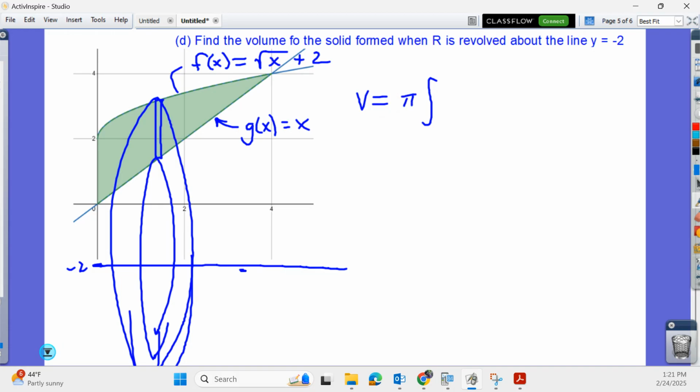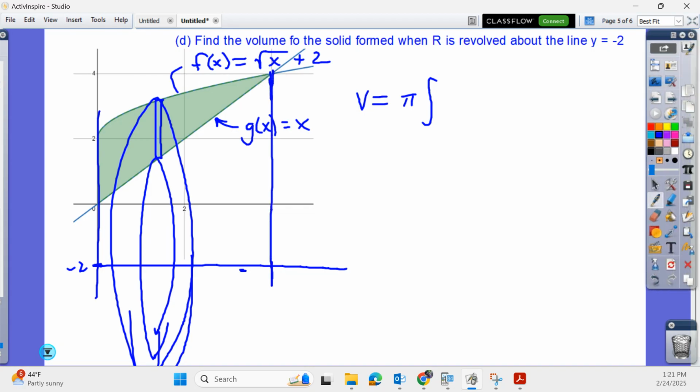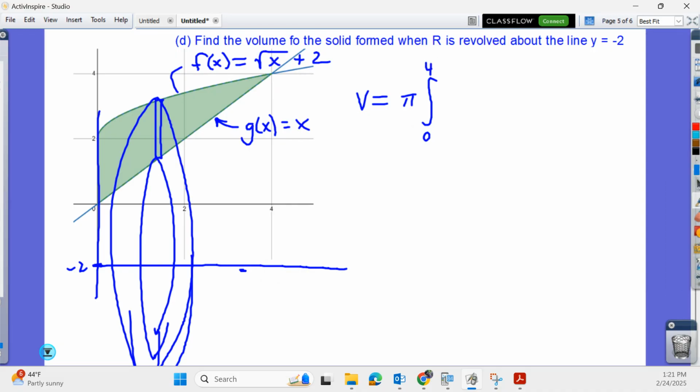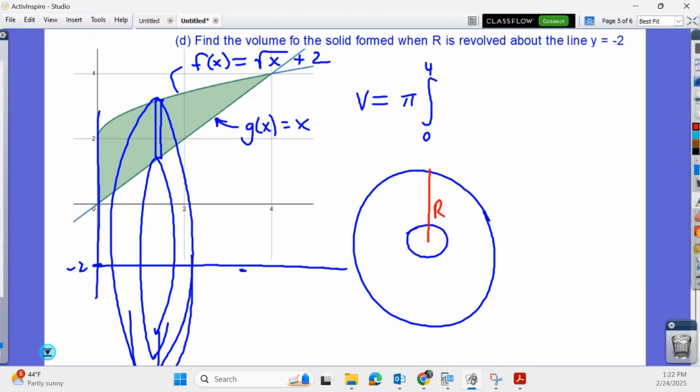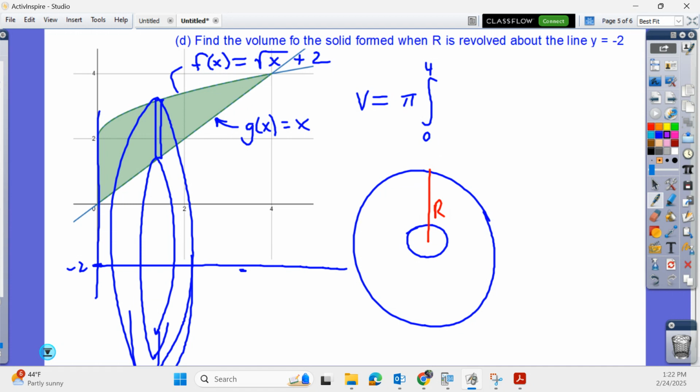We're going to integrate from 0 for an x value up to 4 for an x value. And again, the area of the washer, I'll get rid of this in a minute, but the area of any of these washers is pi times the big radius squared minus pi times the little radius squared.